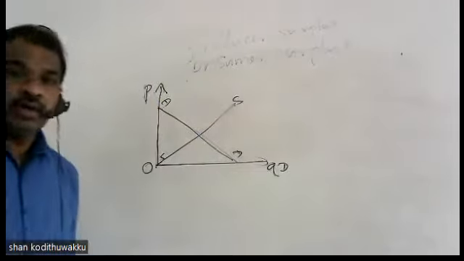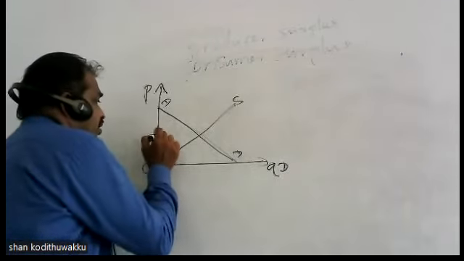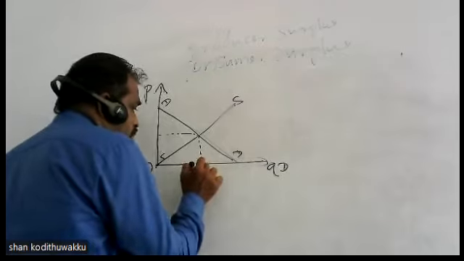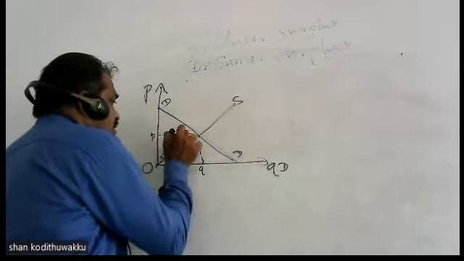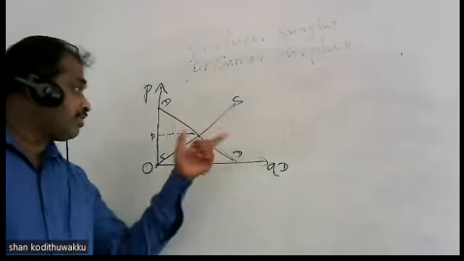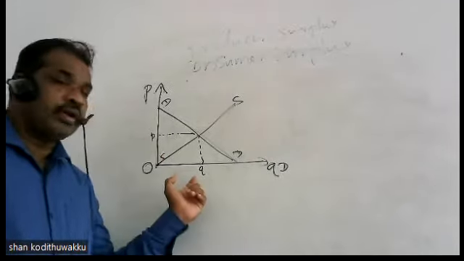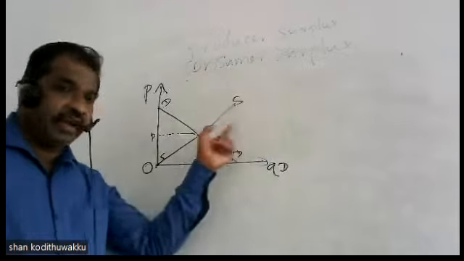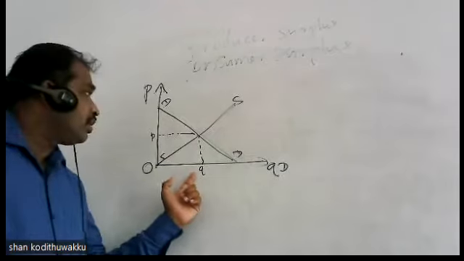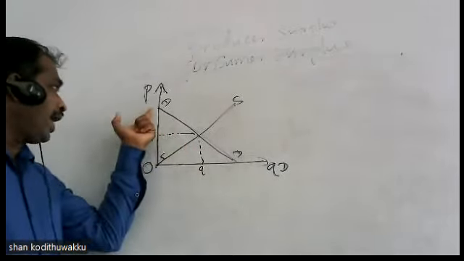What is consumer surplus? This is the equilibrium price and quantity. Q, this is P. By market demand and market supply, in the market, the equilibrium price and quantity demanded will be decided. But in the market, consumers are willing to buy at this price.